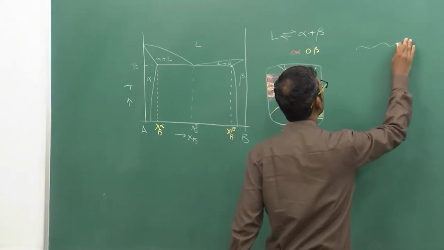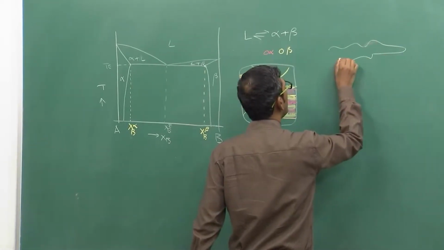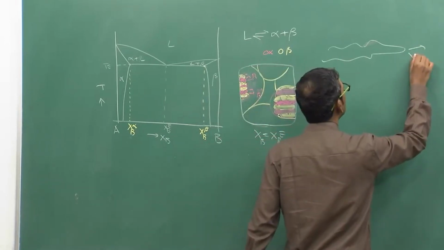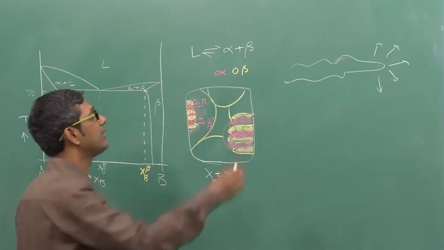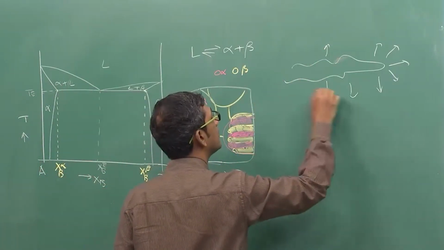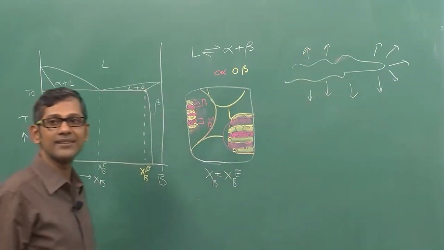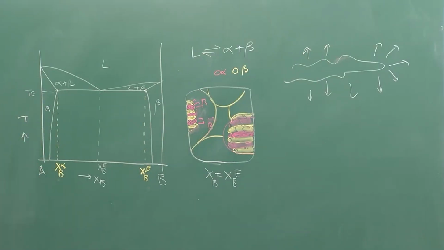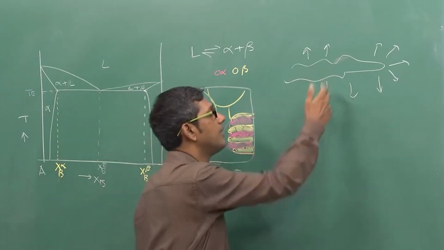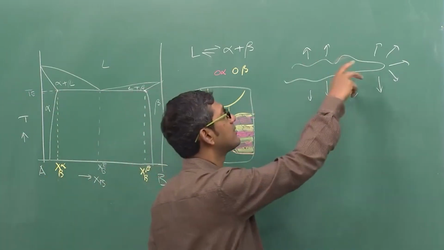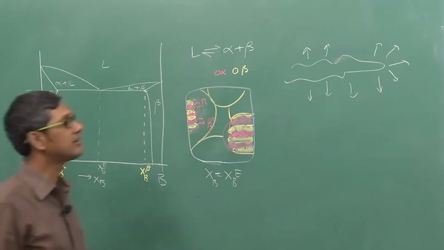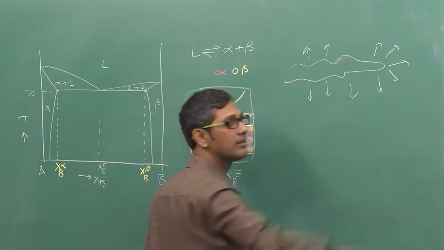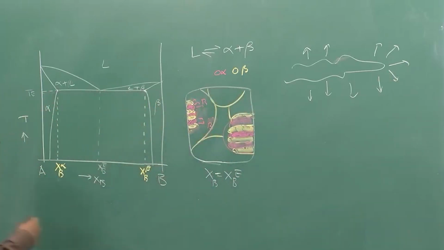So when a dendrite grows into liquid, what happens? As the dendrite grows, it also rejects solutes, alloy dendrites, right? And it rejects solutes in all directions, because as the dendrite goes to a solid phase, the solid has a much lower solute content than the liquid. So because of that, the excess solute is rejected to the liquid, and for further growth of dendrites these solutes need to be transported further.